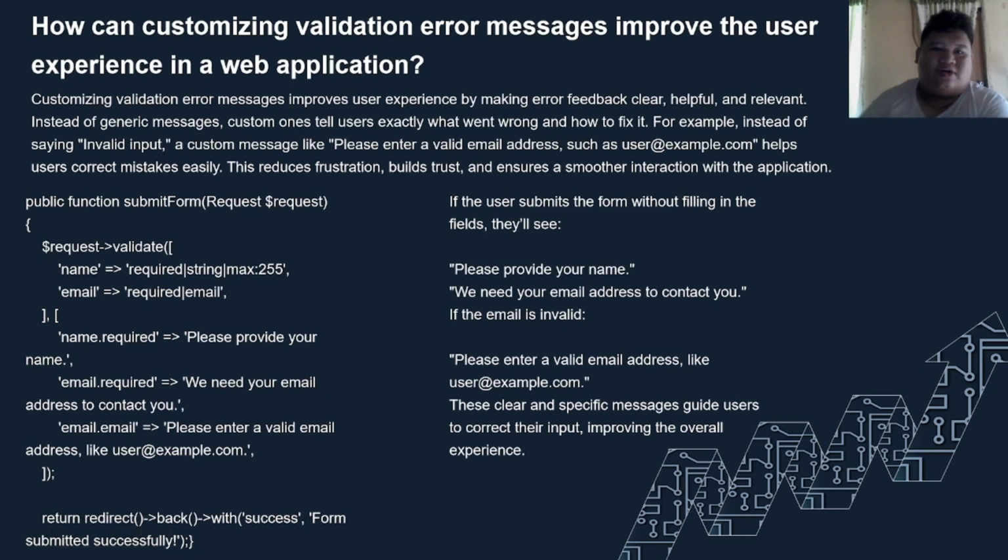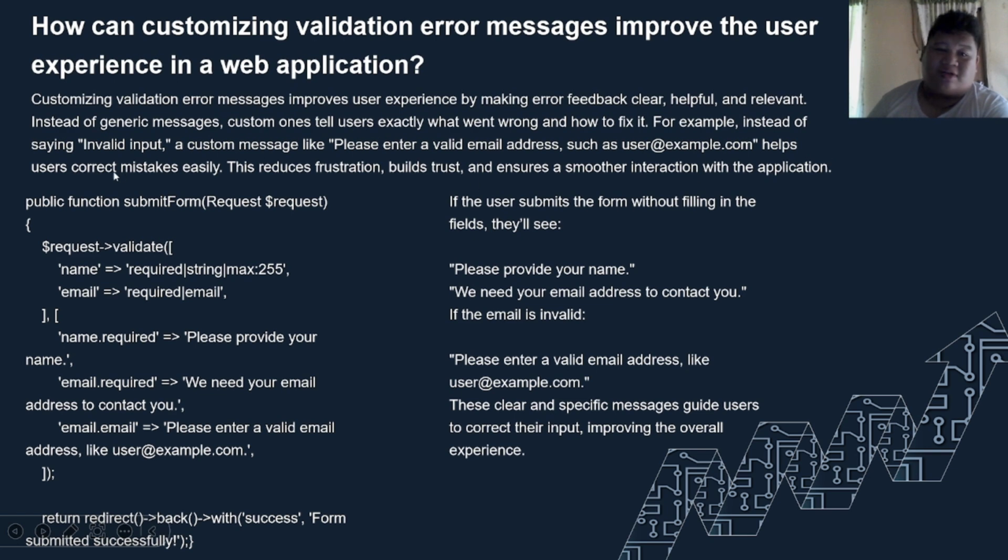Next question. How can customizing validation error messages improve the user experience in a web application? Customizing validation error messages improves user experience by making error feedback clear, helpful, and relevant. Instead of a generic message, a custom one tells the user exactly what went wrong and how to fix it.